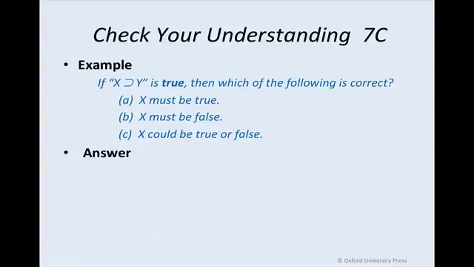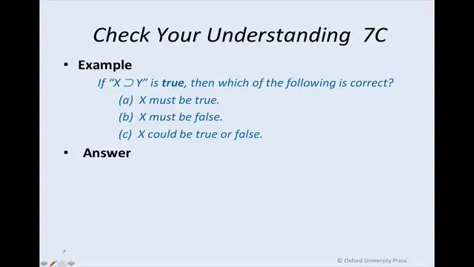If the antecedent is true and the consequent is false, then the sentence is false. But if the conditional as a whole is true, there are 3 ways this could occur. You could say that X is true and Y is true, X is false and Y is true, or both X and Y are false.